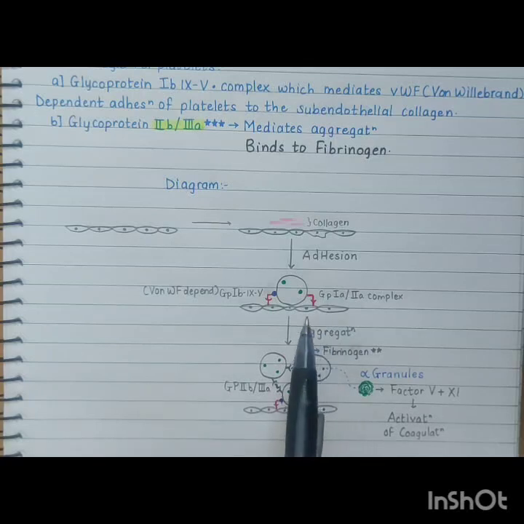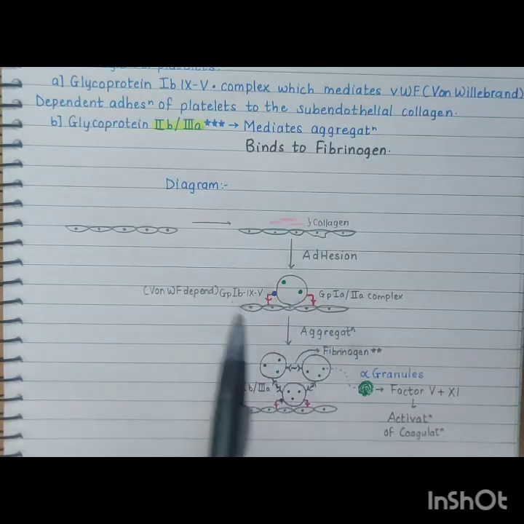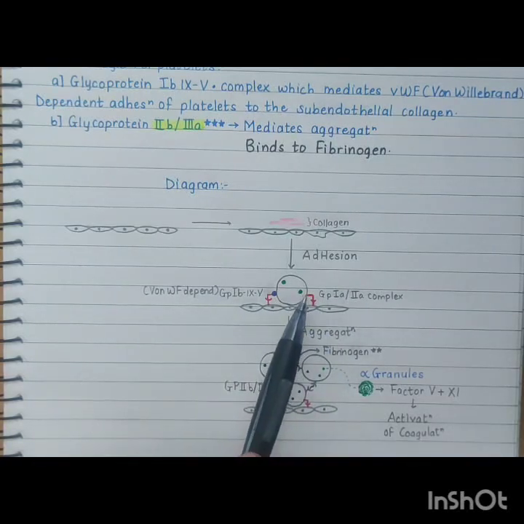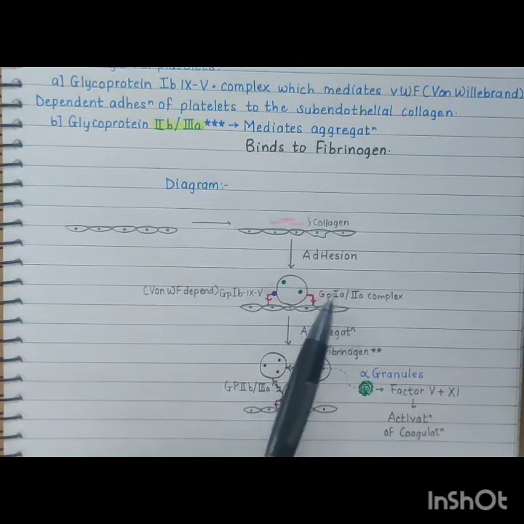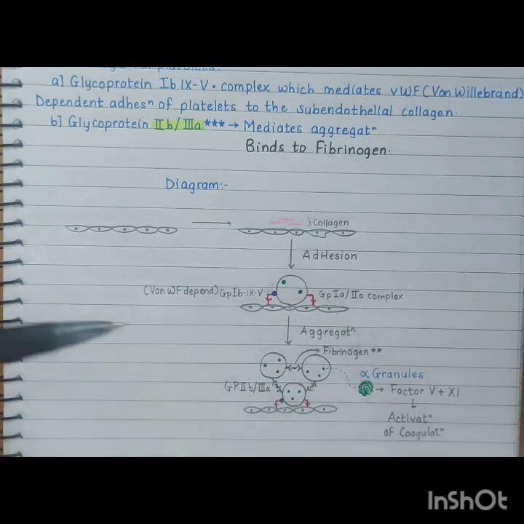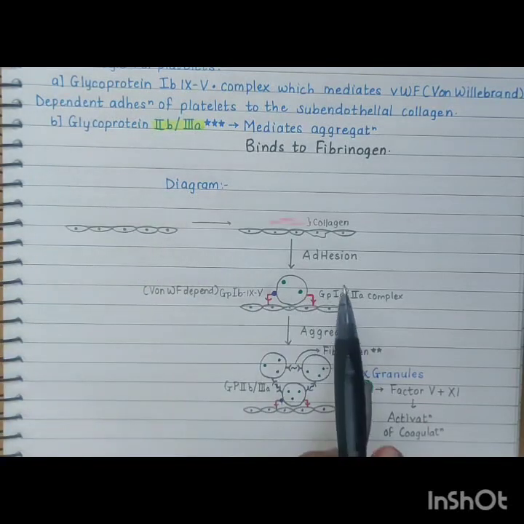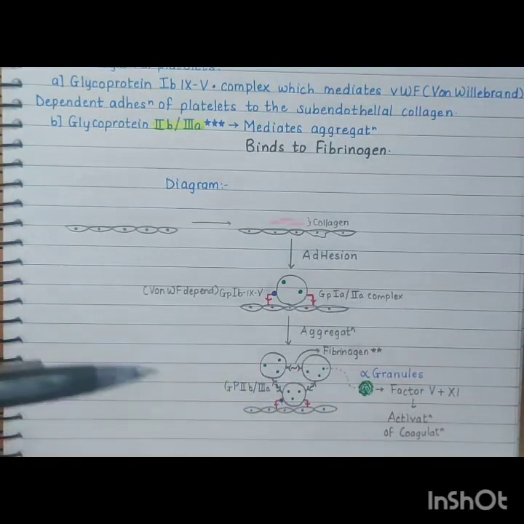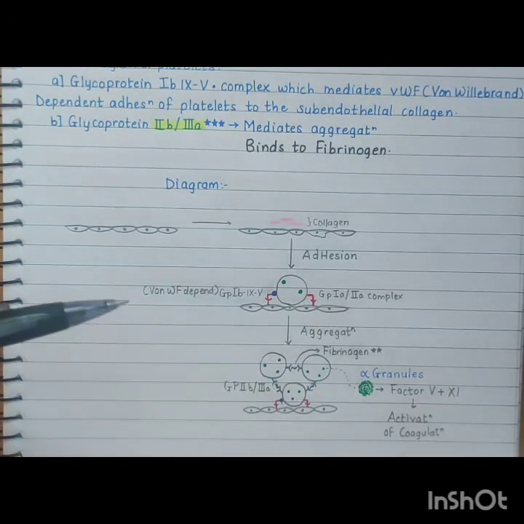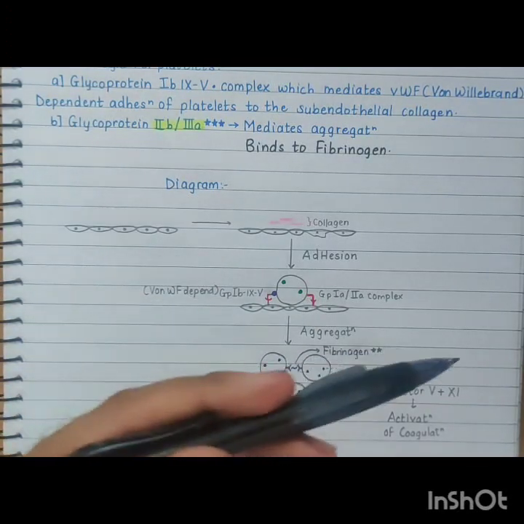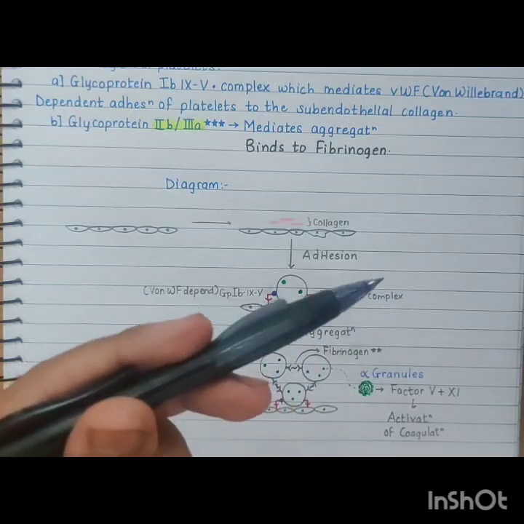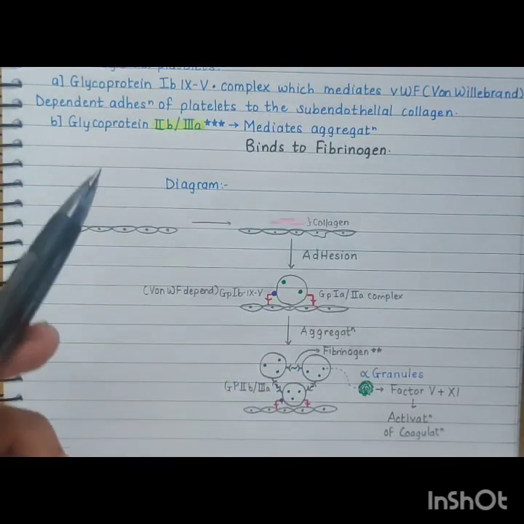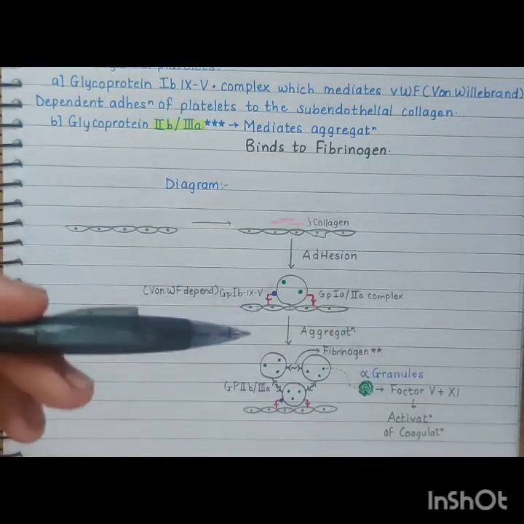And there's also one process which is independent of von Willebrand factor, which will occur with the help of the GP1A 2A complex. Now what happens in von Willebrand disease is this complex, which only helps in 15% of the total adhesive process, will help in the adhesion. So that is why in von Willebrand disease the adhesion itself is very less, and that is why aggregation and all the later steps will also be hampered.